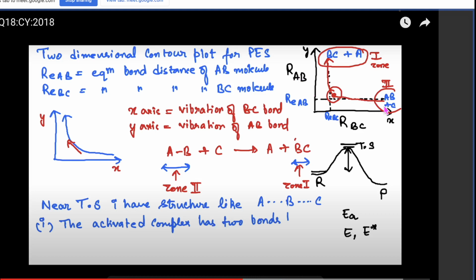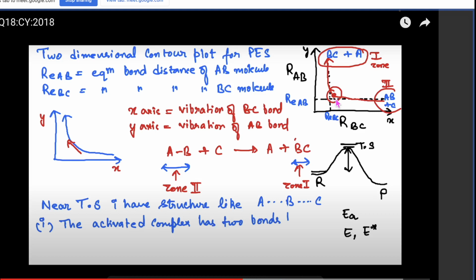So AB is initially reacting with C, and then my AB bond gets broken and my BC bond gets formed. This is the direction of my reaction, along this arrow, and the contour plots intersect here, and that is what we call the crossing point for my transition state.